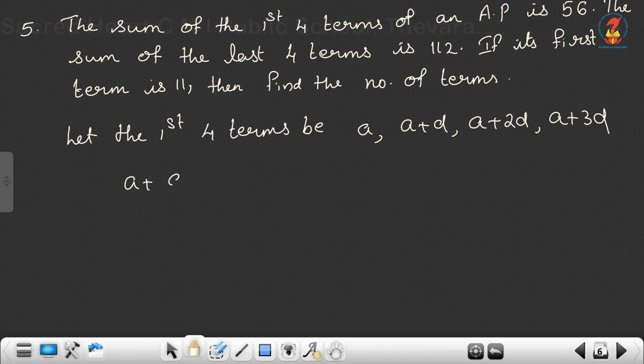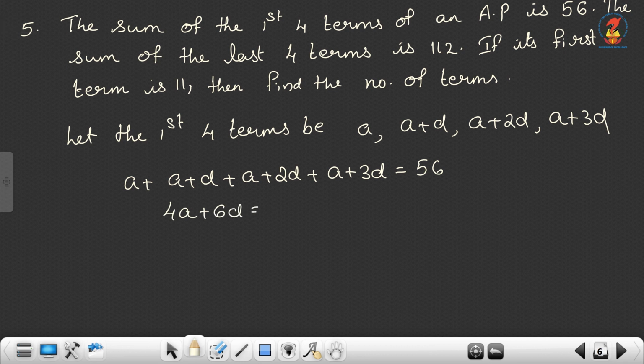So a plus d plus a plus 2d plus a plus 3d is equal to 56. So it is 4a plus 6d is 56. And a is given, a is 11.